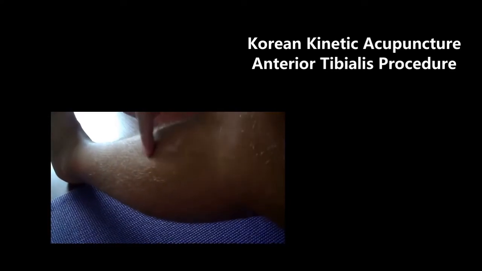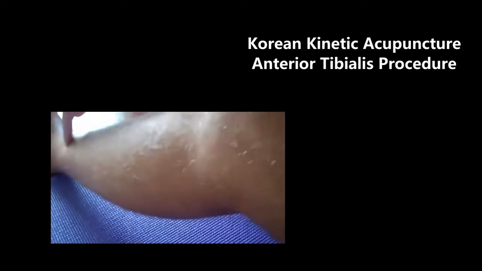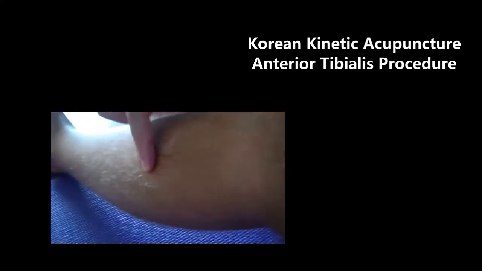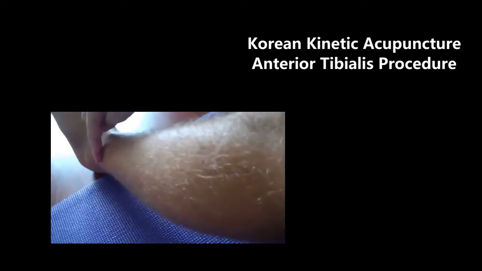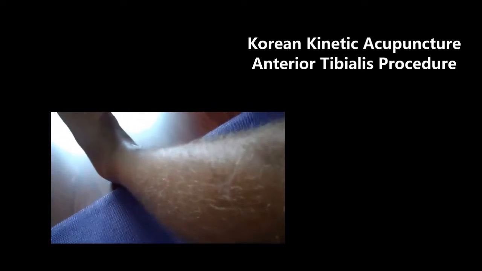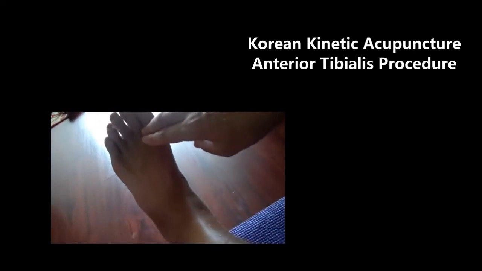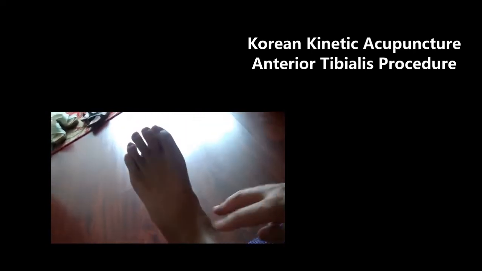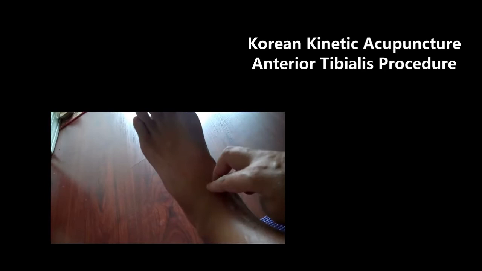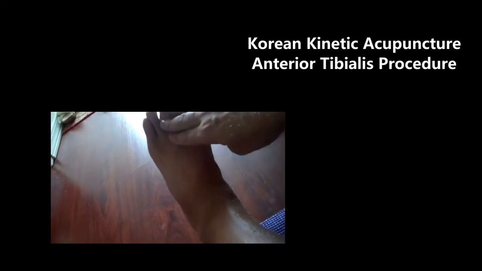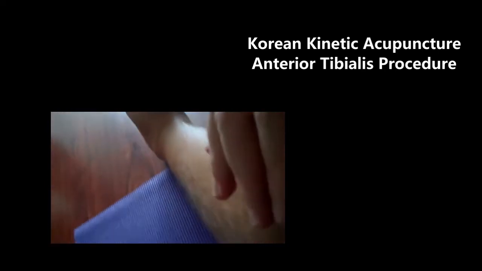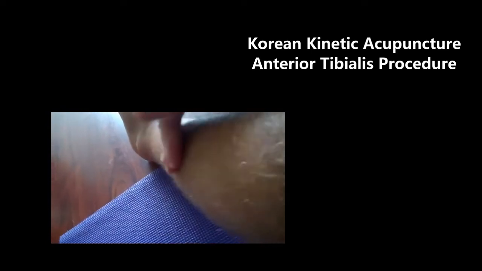This is the anterior tibialis muscle. It runs on the outside of the leg, and it attaches to the tendons on the top of the foot and then to the toes. If there is pain on the top of the foot or on the top of the toes, there could be a problem here on this part of the muscle.